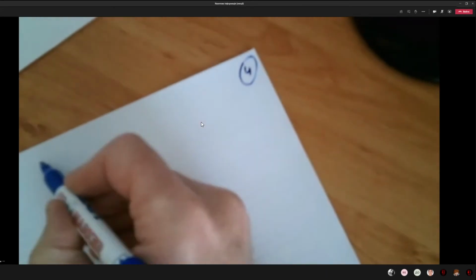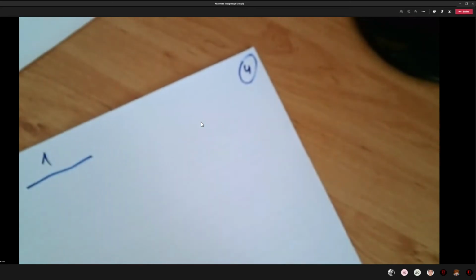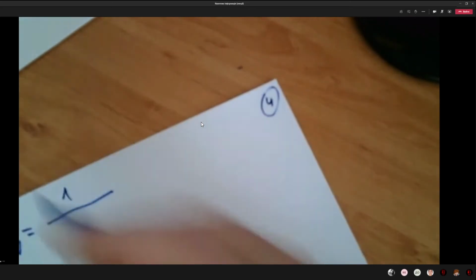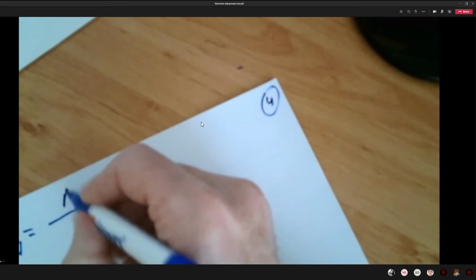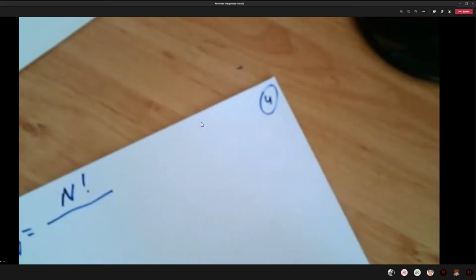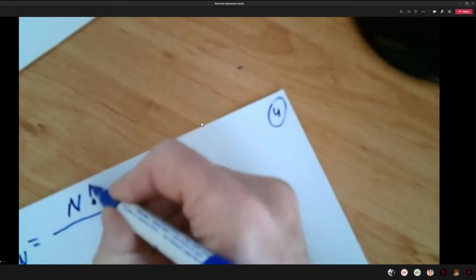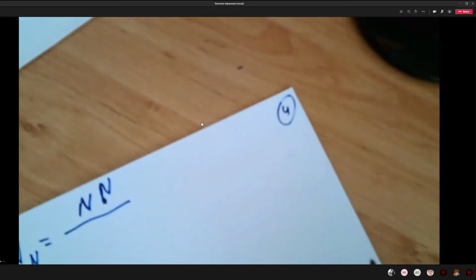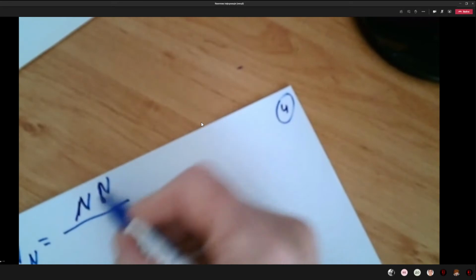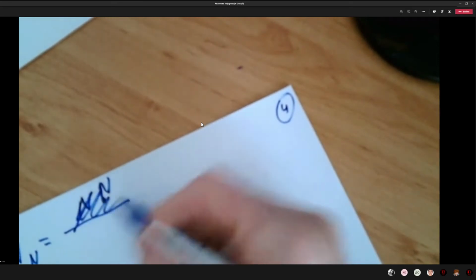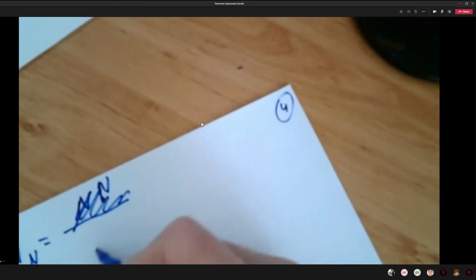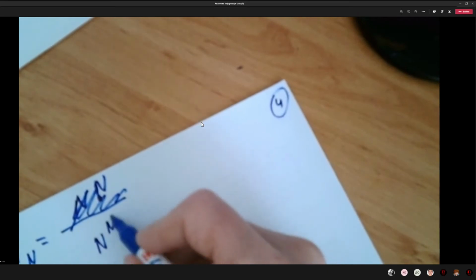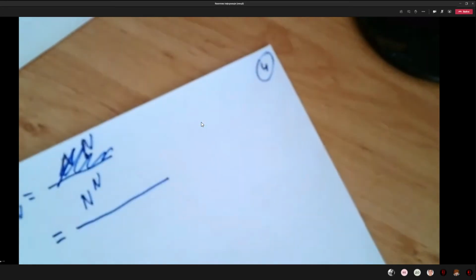It will be 1 divided by, but okay, let us write n factorial. It will be n in power n, because all these constants cancel. So here we will have n in power n.